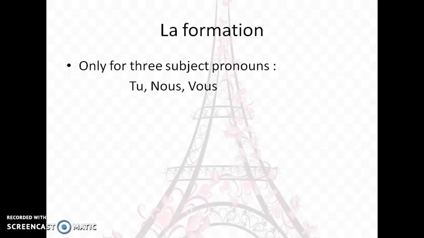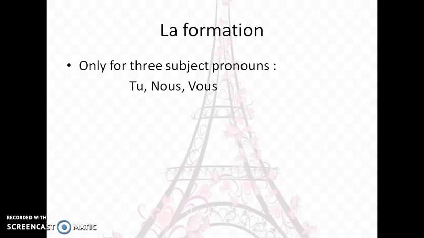So you usually give advice or instruction to someone, or you place a request to someone, or you give some advice or instructions to a group that includes you also. That's why there is the imperative mood only for these 3 subjects, tu, nous and vous.